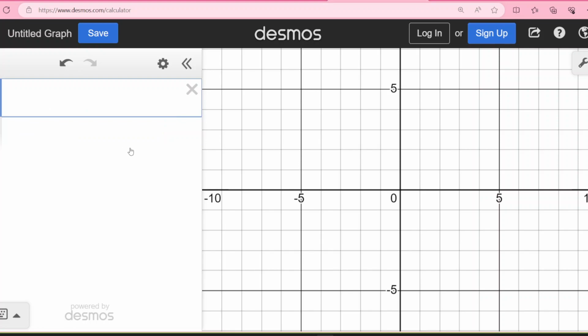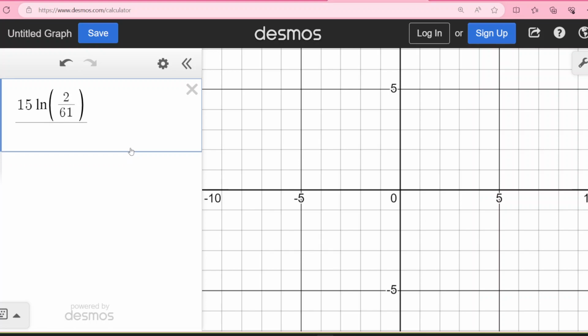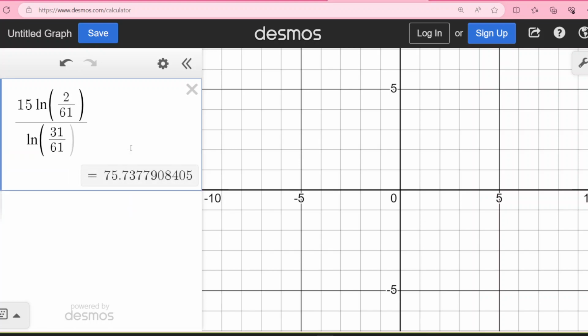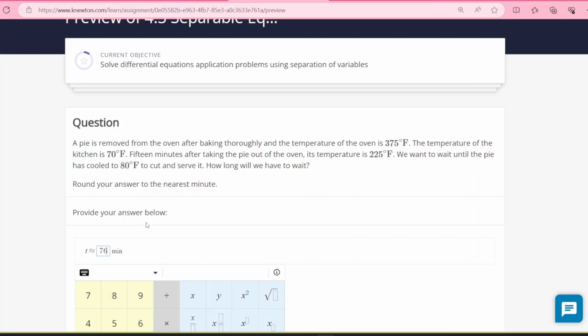This is from an earlier problem. 15 times the natural log of 2/61 divided by the natural log of 31/61. So 75.7. So rounding to the nearest minute, that'd be 76 minutes from the time we took it out of the oven. And that's what I'll enter here.